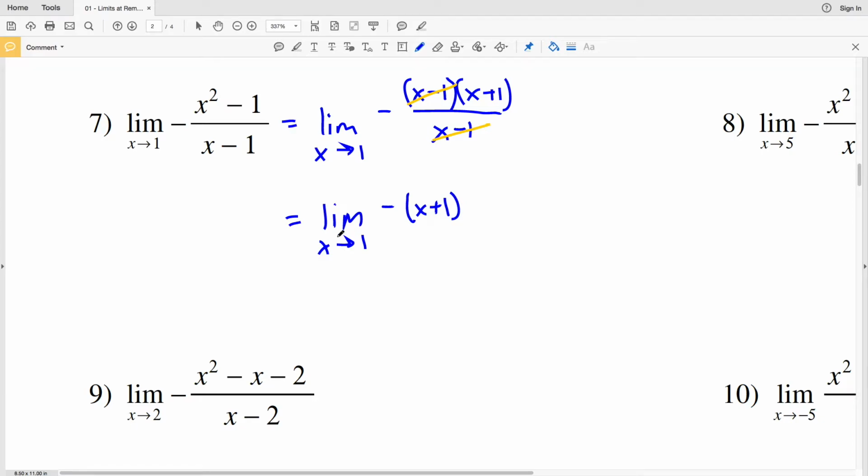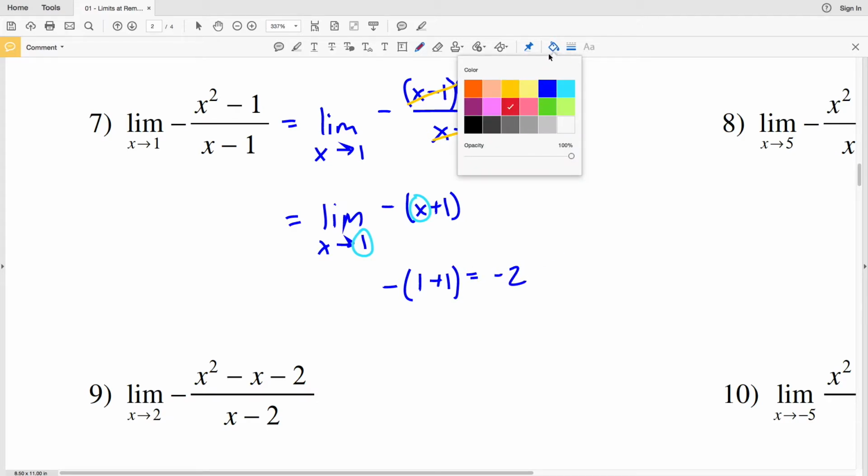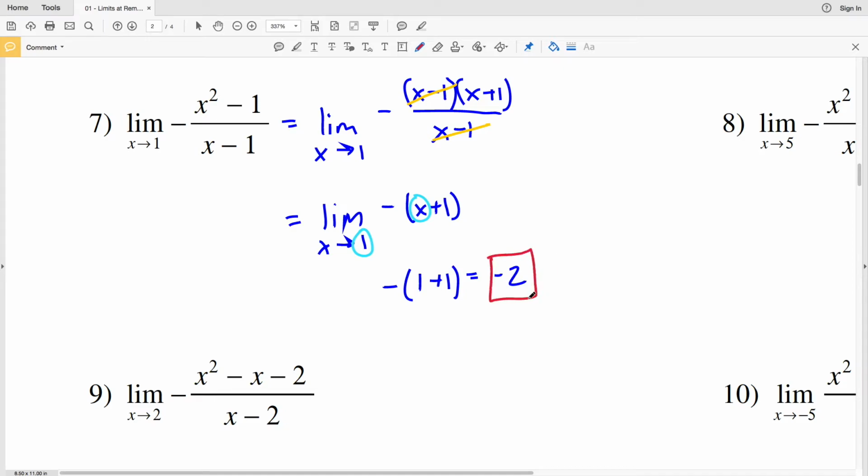And that's equivalent for all values with the exclusion of x equal to 1. So now, because of that, we'll be able to plug 1 in for x. So plugging 1 in for x, we'll get negative 1 plus 1, which equals a negative 2. So negative 2 is our limit in number 7.